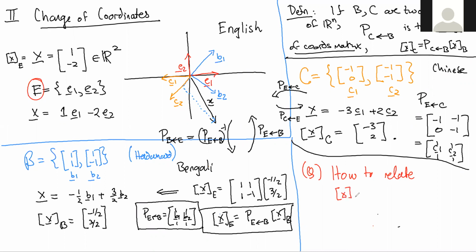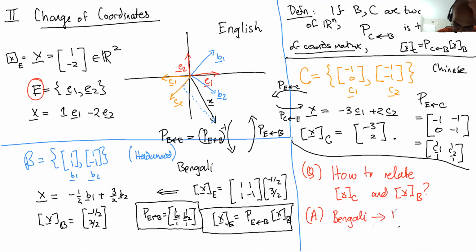Could you translate Bengali to English, then translate the English to Chinese? Exactly. So concretely, the question is, what is the change of coordinates matrix between B and C? Start with Bengali, then go to English, and then go to Chinese. In mathematical terms, you start with a vector in B coordinates, and to turn it into English, you have to multiply it by which change of coordinates matrix?